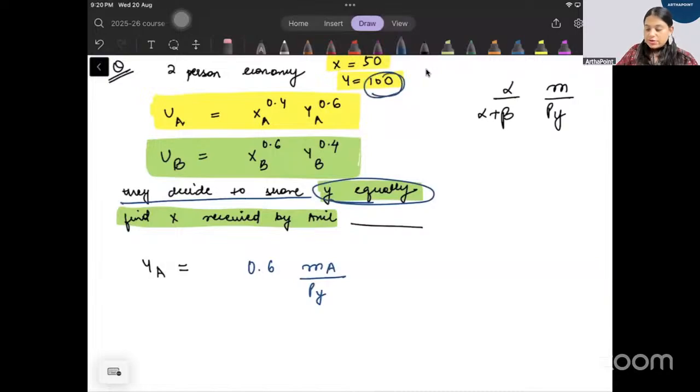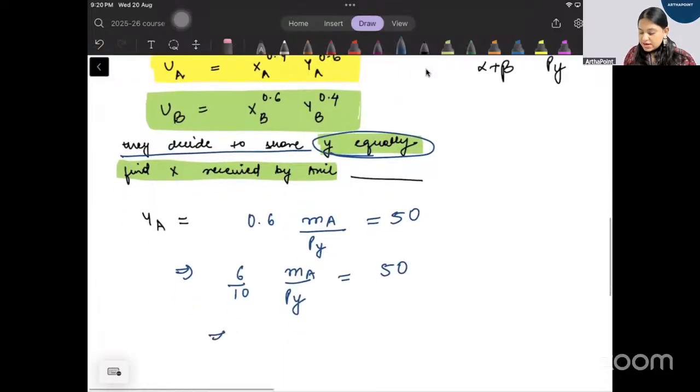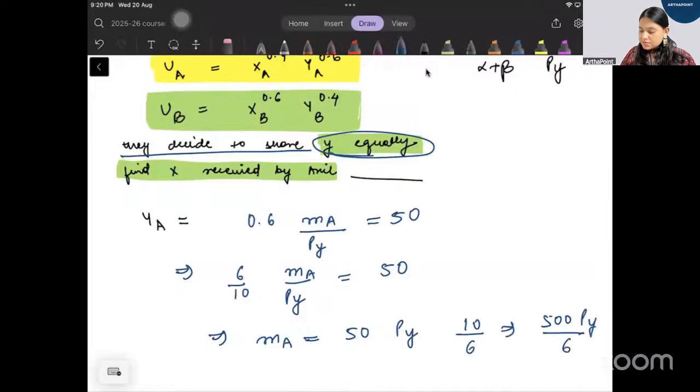So Y is 100 and he gets 50 units. So it means 6 by 10 into income of Anil by price of good Y is 50. So the income of Anil will be 50 PY into 10 by 6, which is 500 PY by 6.